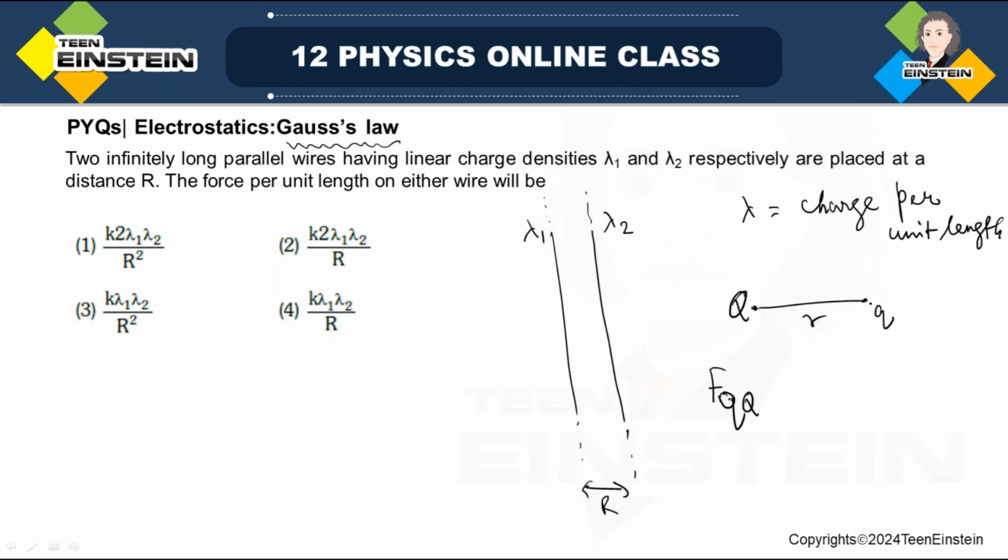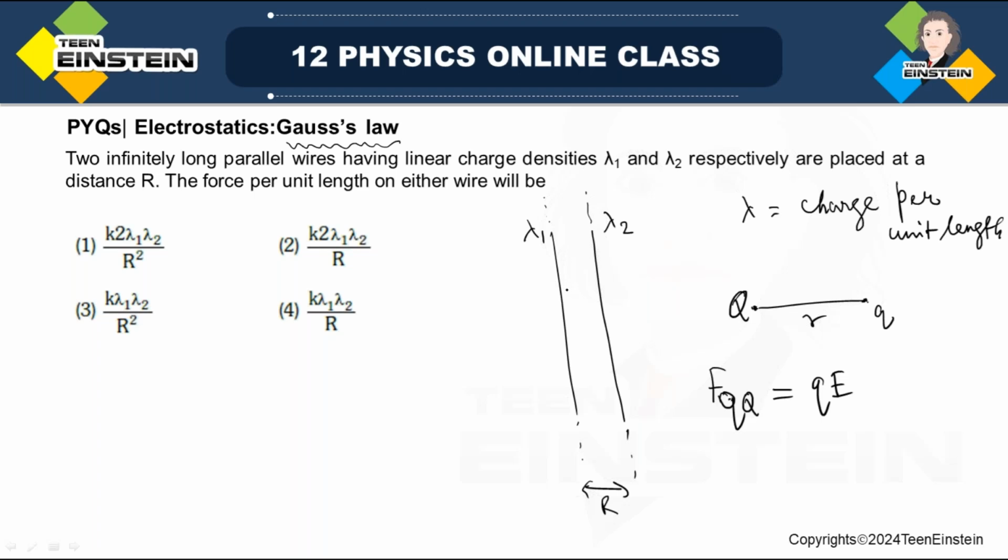And as you know, within that electric field, if you bring another charge, it will exert a force, and that will be E into q. So this is how we actually calculate the force, or how one charge interacts with the other one.